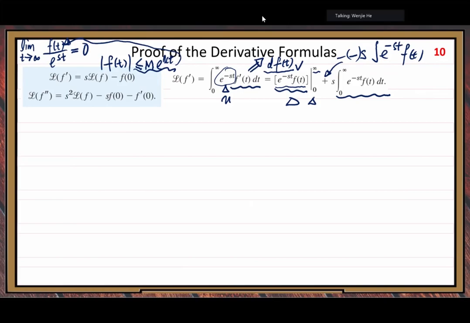Under what condition is the limit 0? You compare s and k, treating both as fixed constants. You need s greater than k. So there is a condition: s greater than k. To make this work, we need s greater than k.